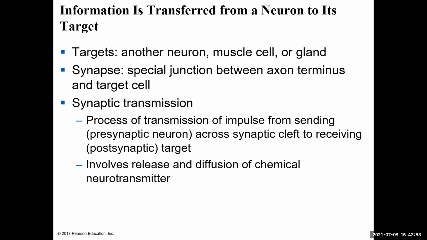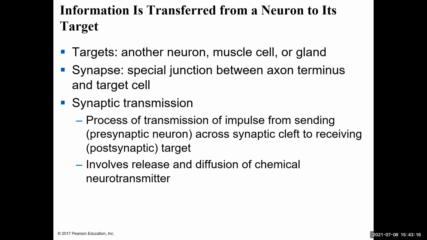So this synapse area is basically a gap or special junction where a neurotransmitter will move across that junction and bind to the target cell.